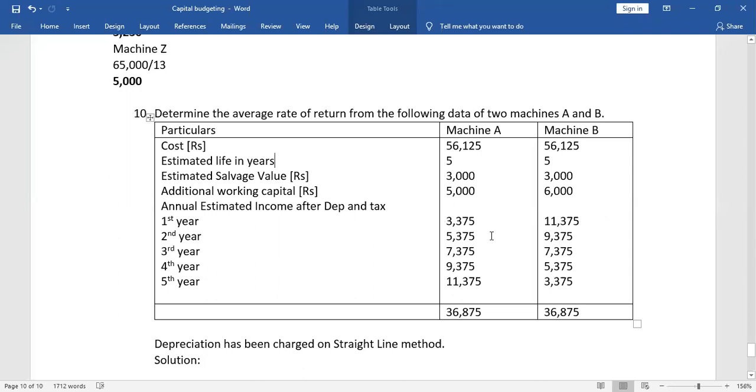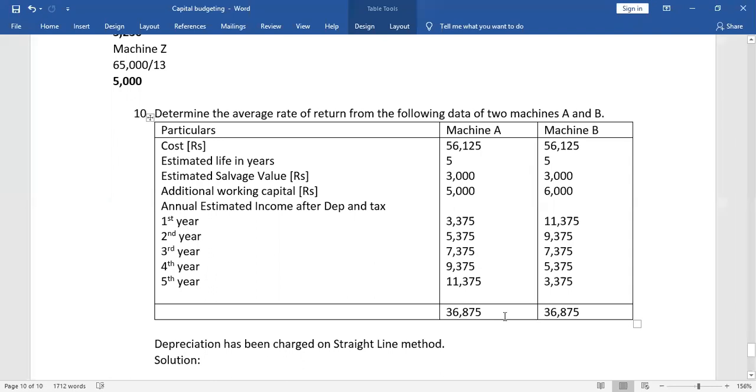Second year, 5,375 for A, 9,375 for B. Third year, 7,375 for A, and 7,375 for B. These are the incomes. Fourth year is 9,375 for A and 5,375 for B. Last year, 11,375 for A and 3,375 for B.